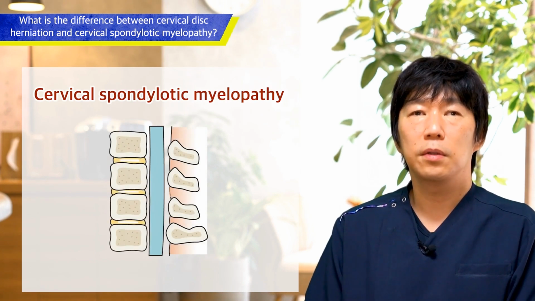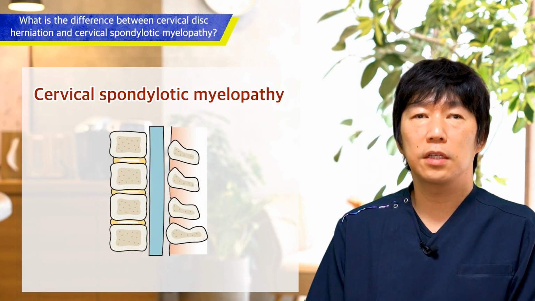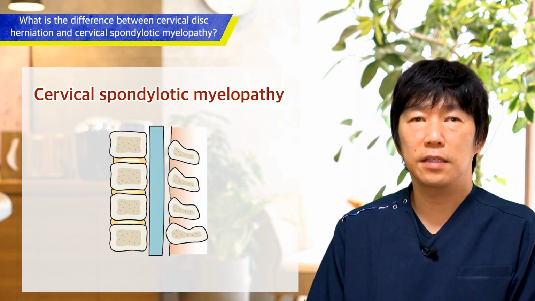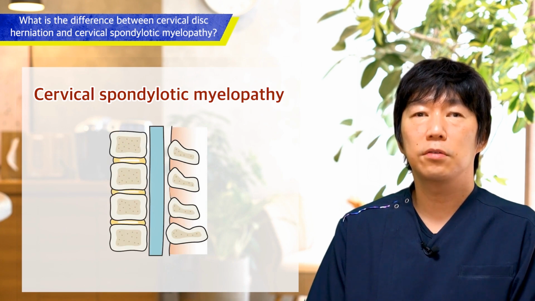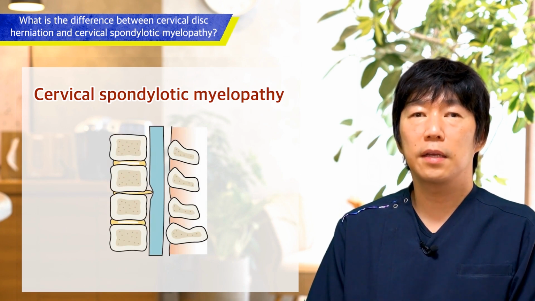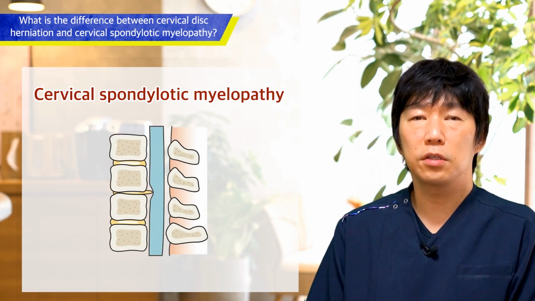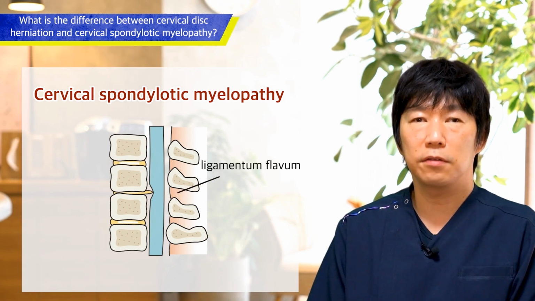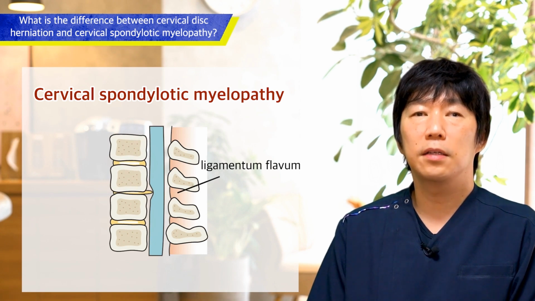This is very similar to the symptoms of cervical disc herniation, but in terms of pathology, the spinal cord inside the spinal canal is compressed from the front, like in the case of the intervertebral disc herniation mentioned earlier. Additionally, there is something called the ligamentum flavum located on the backside of the spinal cord, and it thickens with age.